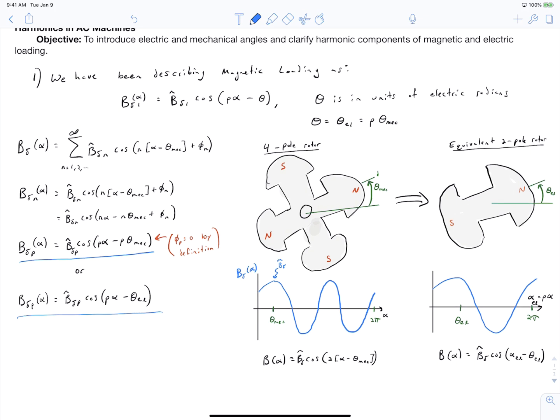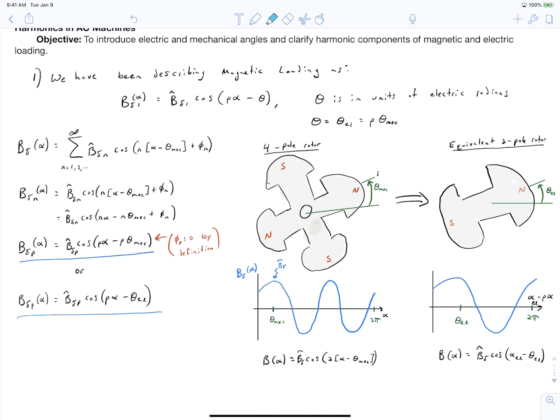And so there we have it. There is our magnetic loading in terms of its harmonic component at frequency p, at index p. And we are choosing either to express this in terms of electric radians, as we did up here, or in terms of mechanical radians, right here, we have to multiply it by p.